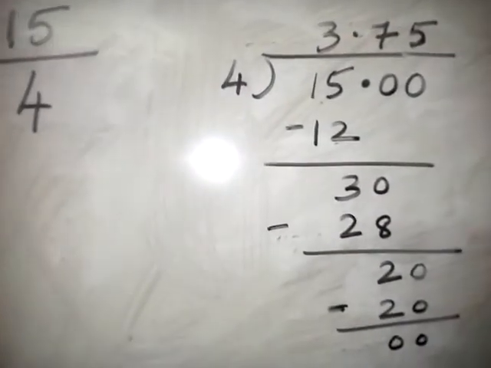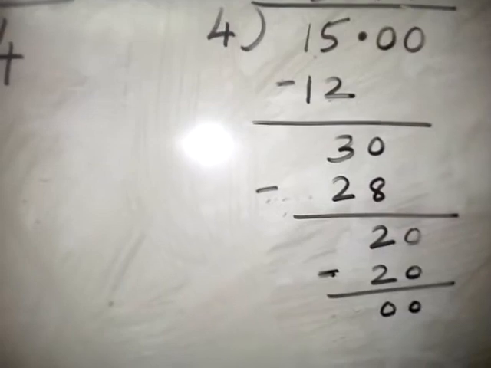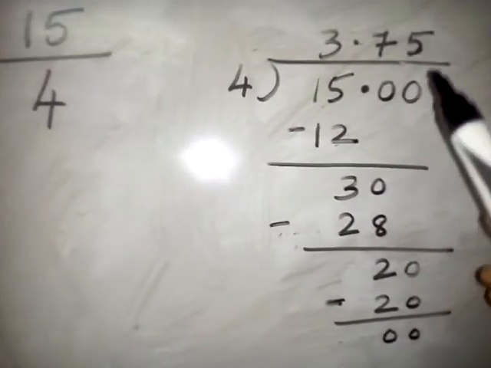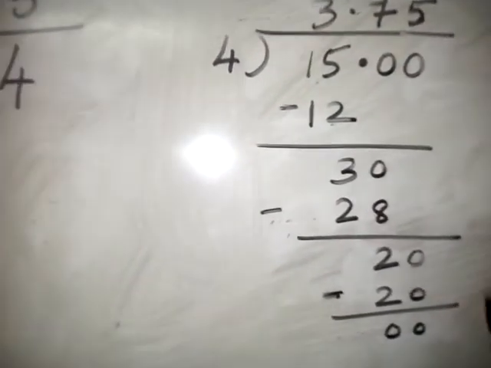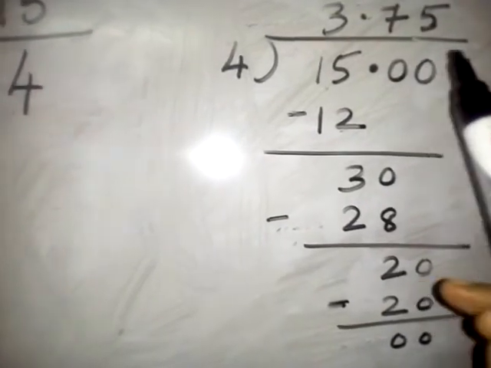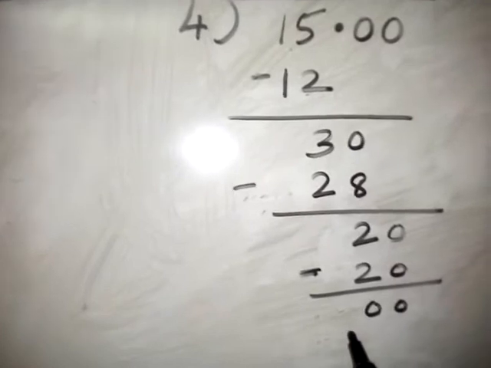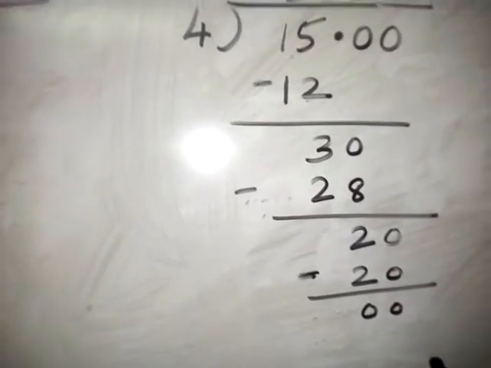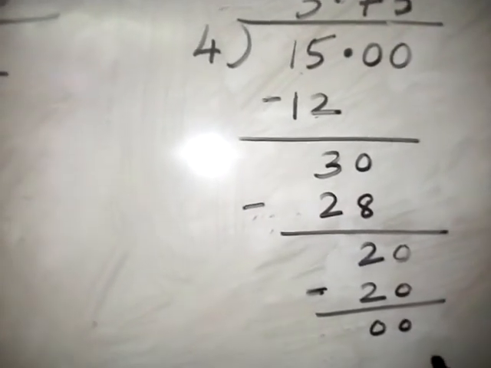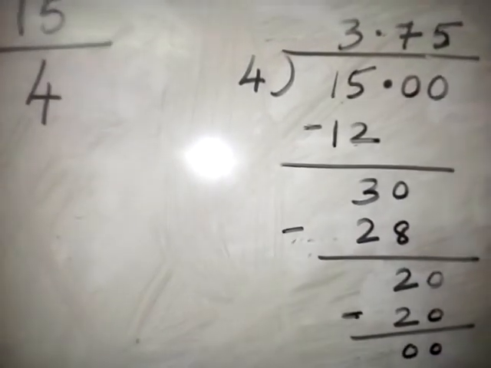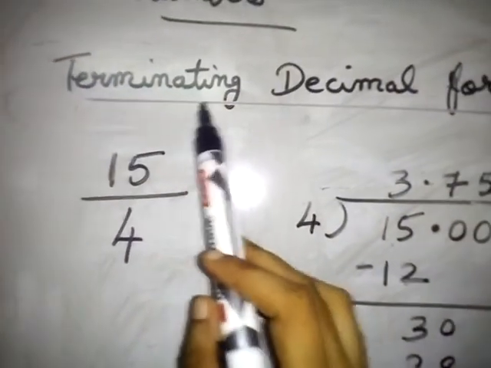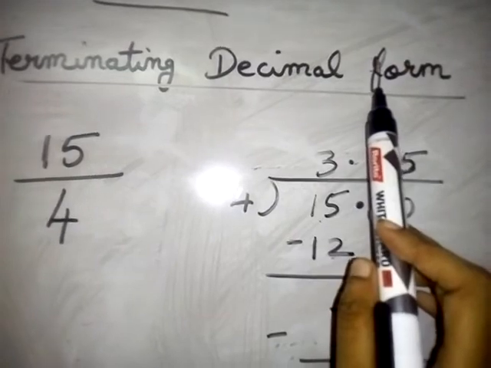In the textbook the definition is given clearly. In this example of division, when we continue division after the decimal point, we get remainder 0. So this type of decimal form of a rational number is called terminating decimal form. Got it?